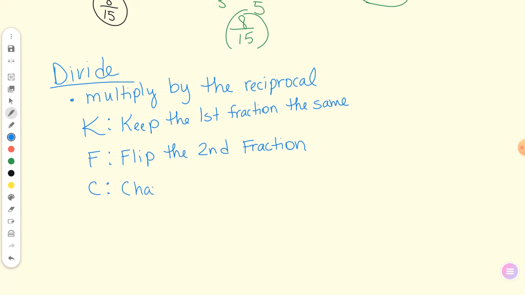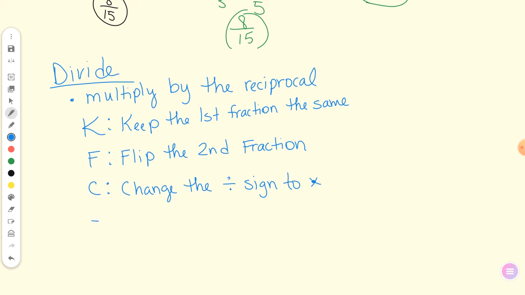Parker? Change the divide to multiply. Yeah, change the divide sign to an X. I like the dot better, but it looked like you just had a random dot on your paper. Once we KFC, then what do we have to do? Maya, you follow your multiplication rules.